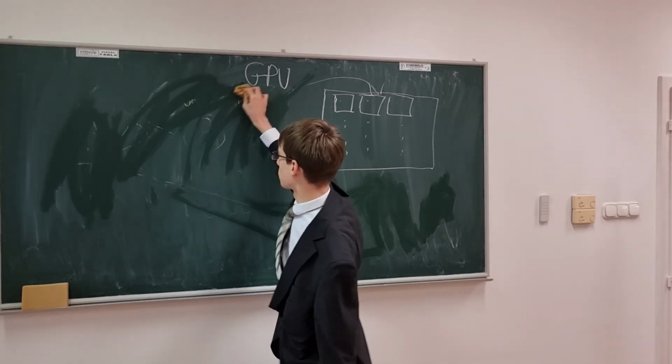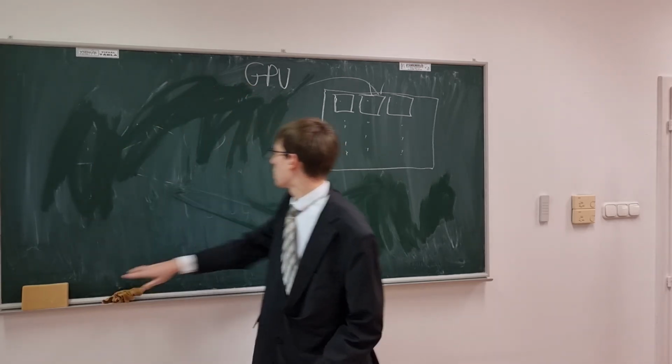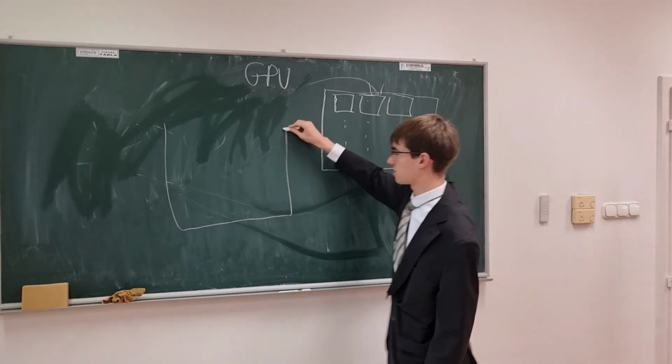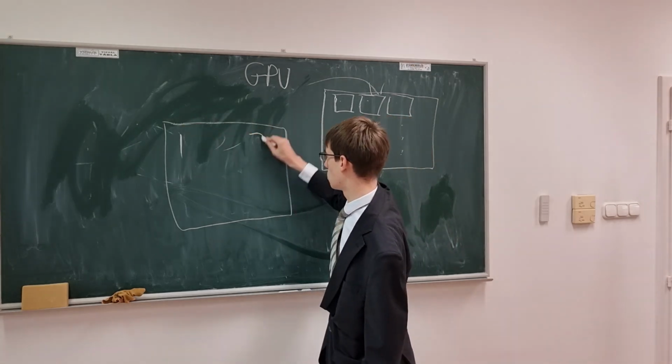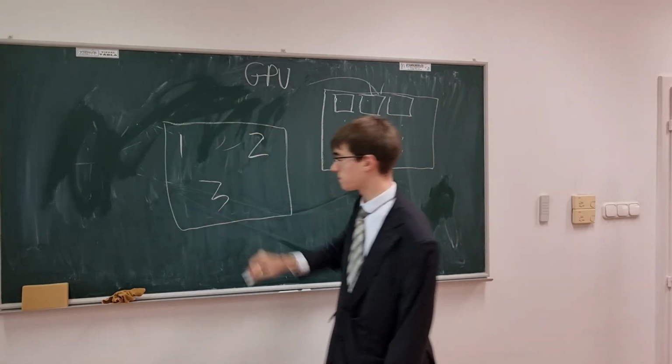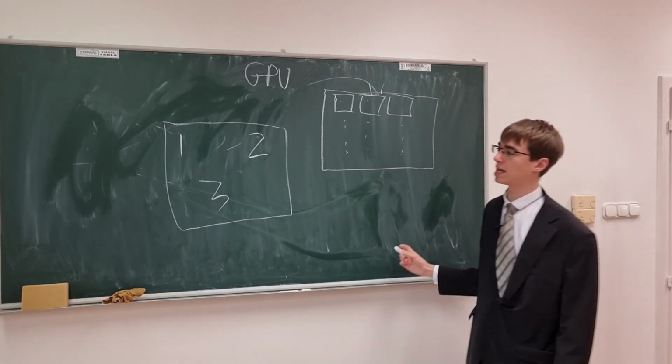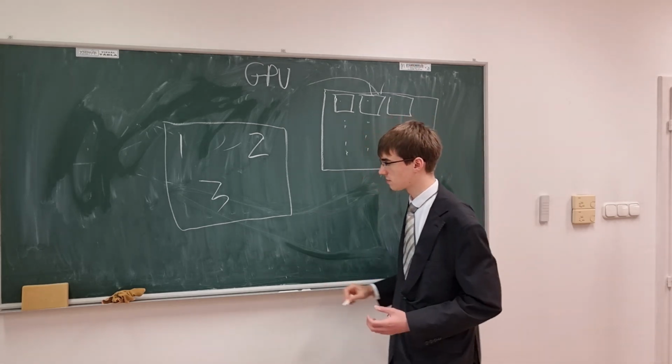In a large language model, we just have a bunch of numbers, like 1, 2, and 3, all of which are used to predict what the next word will be in a sequence of words.